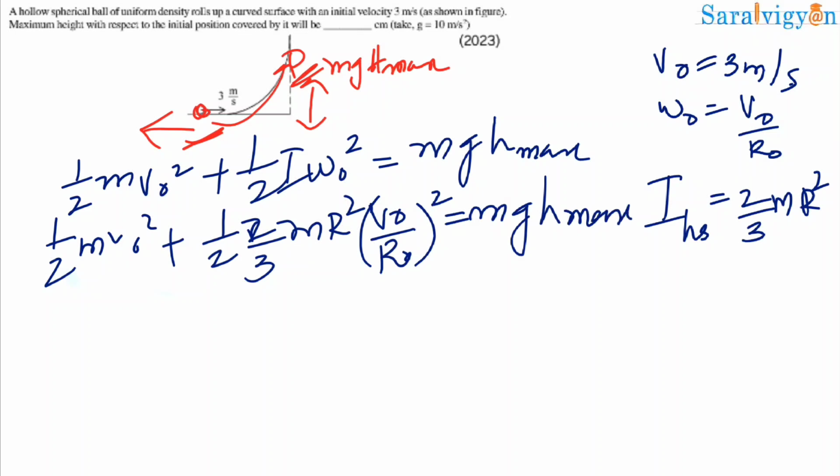Now we can cancel terms. We have 2 and 2 over here, m and m over here, and we can cancel r0 and r.